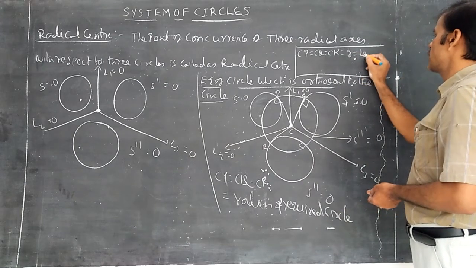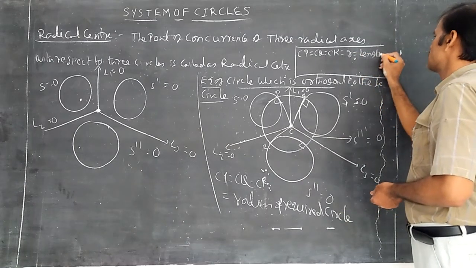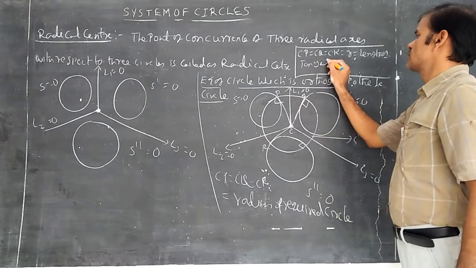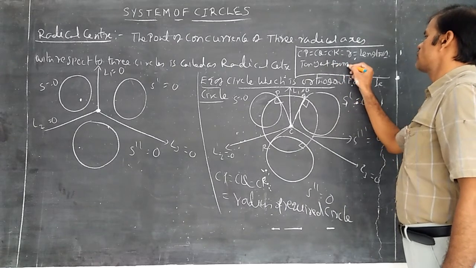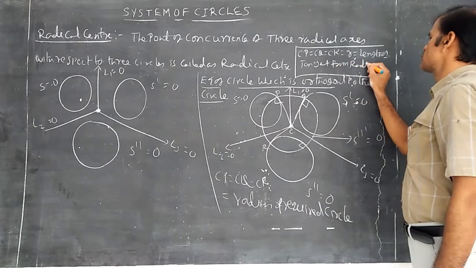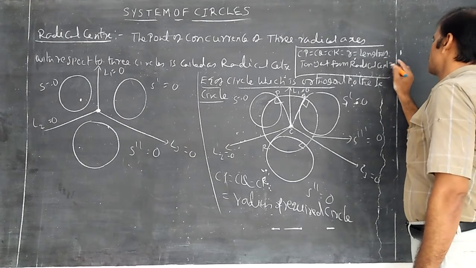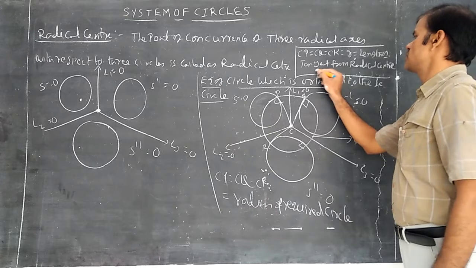R is equal to the length of the tangent from the radical center to any circle.